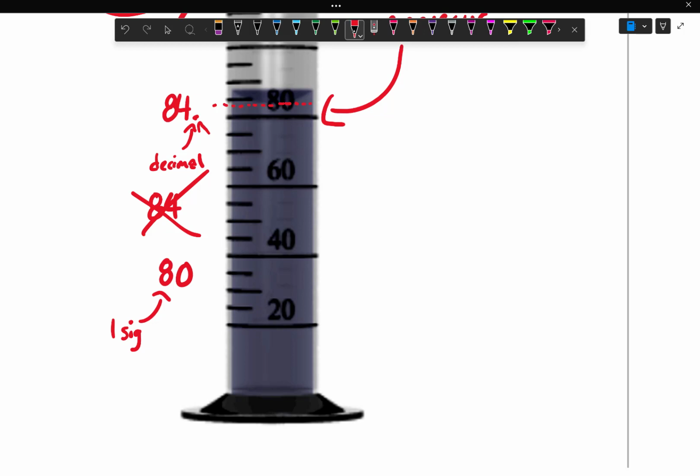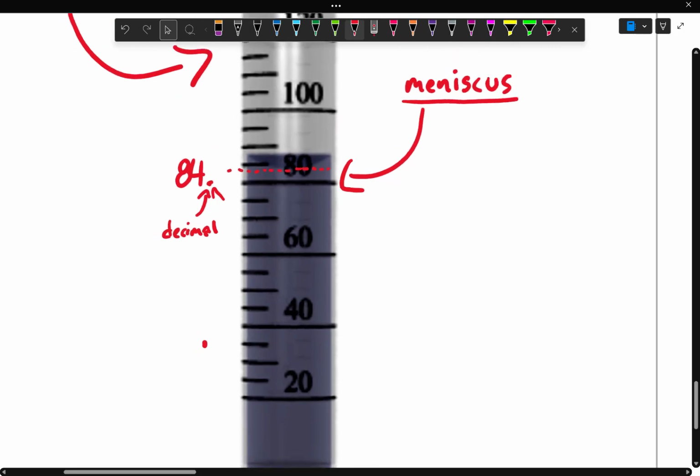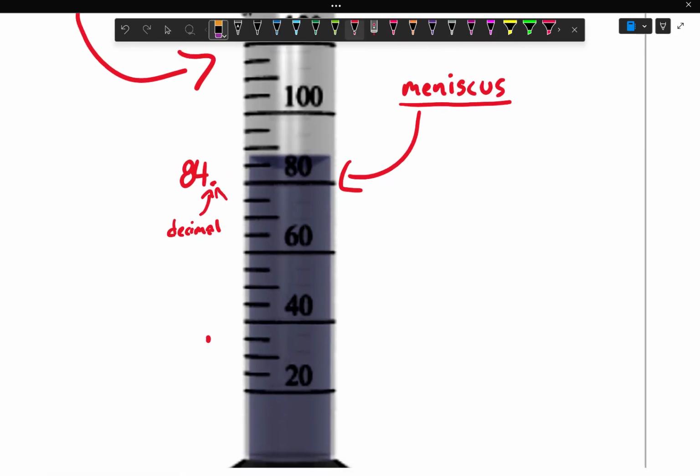We can fix this by adding a dot in there. Now it is 2 sig figs. All right. So, in this case, we come to just below 85 here, and so 84 is going to be our answer. And so, yeah, good luck.